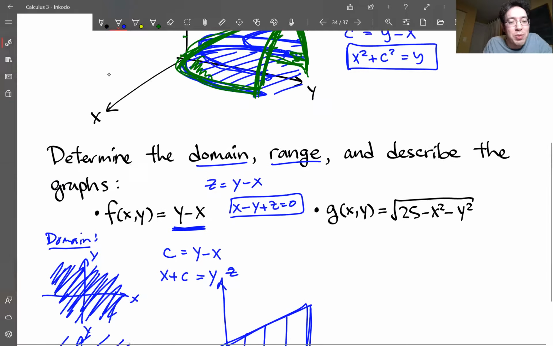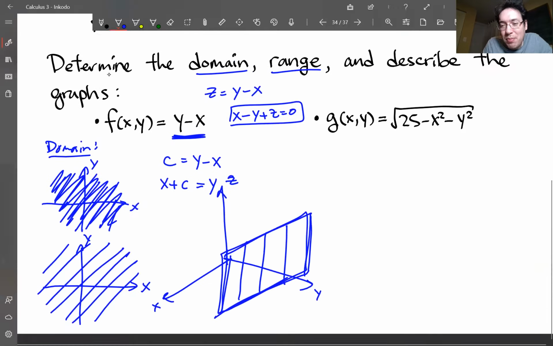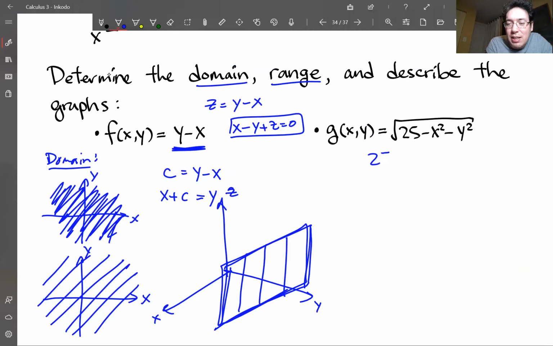Again, this is a square root thing. So the inside has to be non-negative for this to make sense. So the domain is anywhere where 25 minus x squared minus y squared is greater than or equal to 0. That's a little bit harder to look at, but what if we bring the x squared and y squared to the other side?